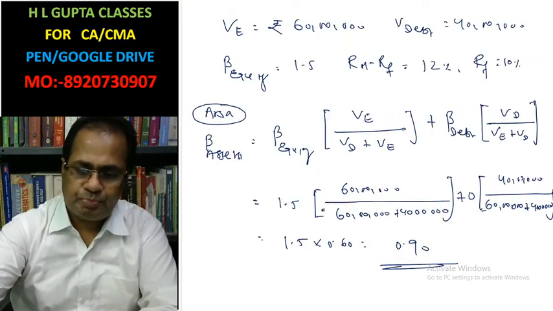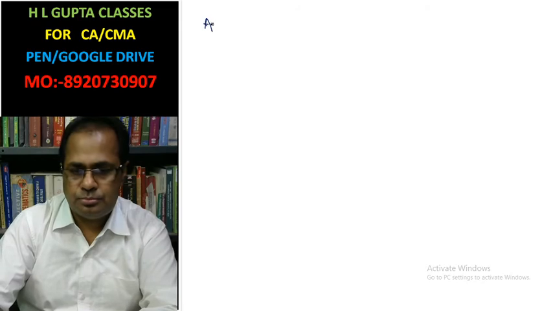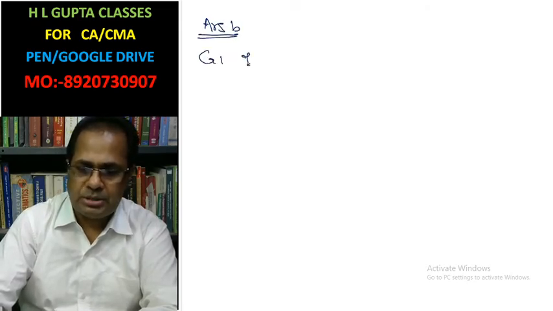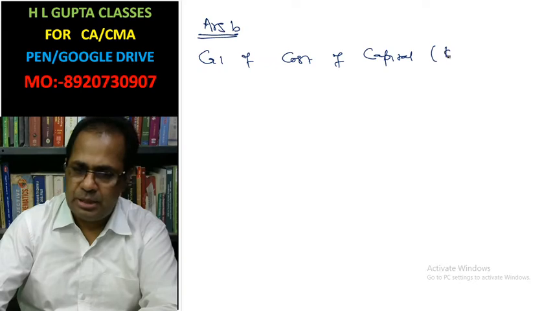Okay, look at it. Answer of B part: calculation of cost of capital. It is represented by KO.